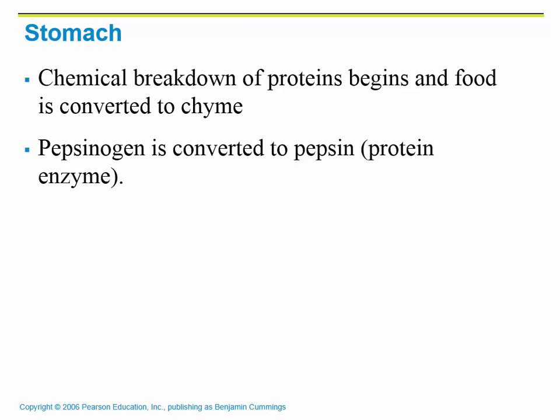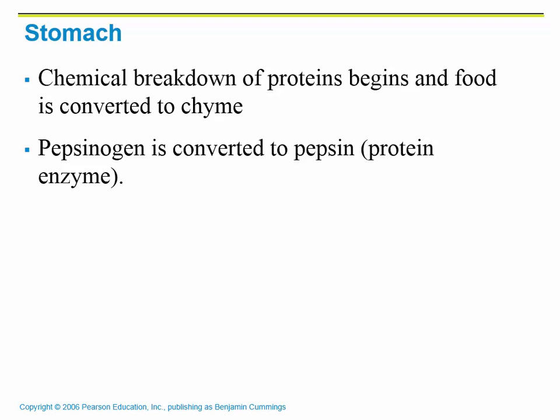The stomach then starts really the chemical breakdown of food. Even though the mouth has salivary amylase that starts chemically digesting starch, we really don't chemically digest too much in the mouth. But in the stomach, we have a very important enzyme. It's called pepsin.